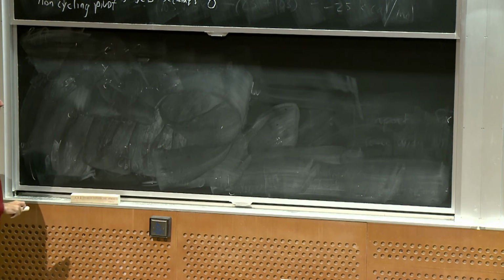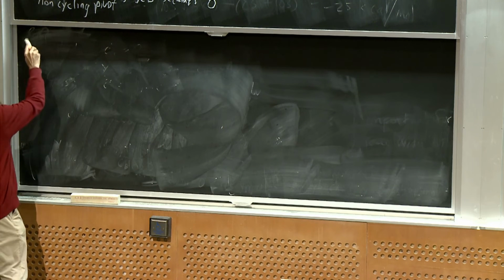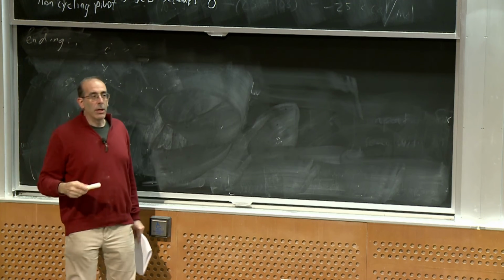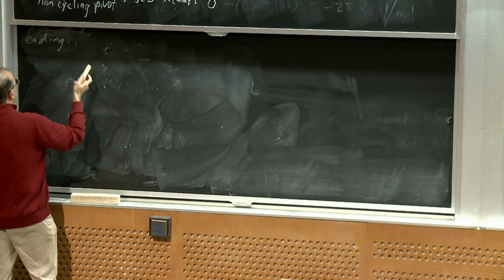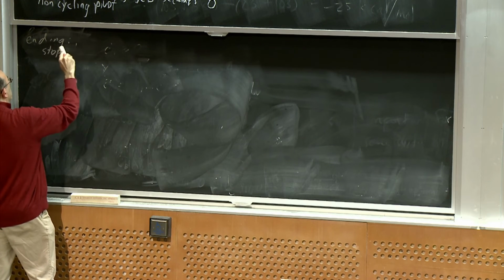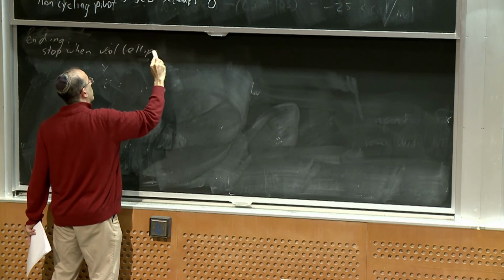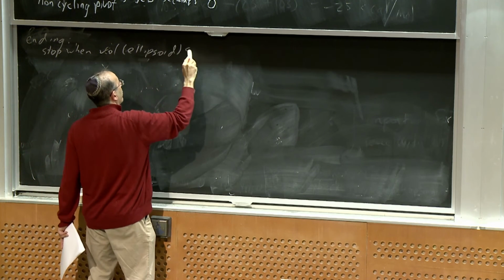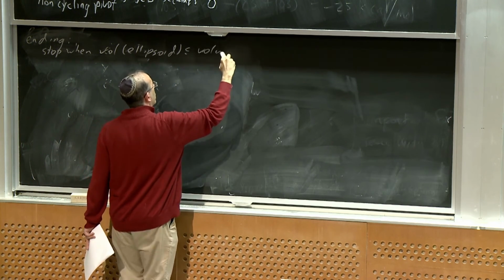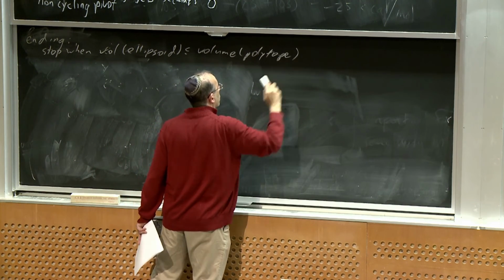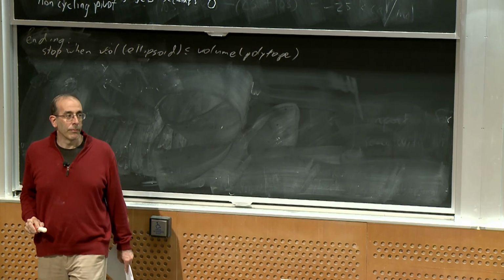What about the ending? Okay. Question is, how small can the ellipsoid be? Well, we stop when the volume of the ellipsoid is less than the volume of the polytope, right?